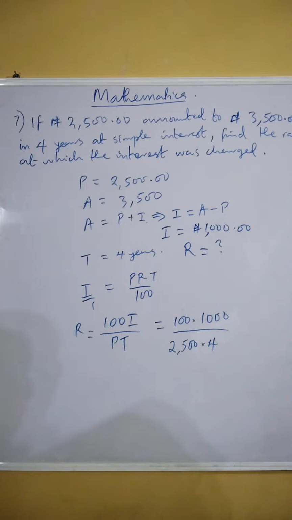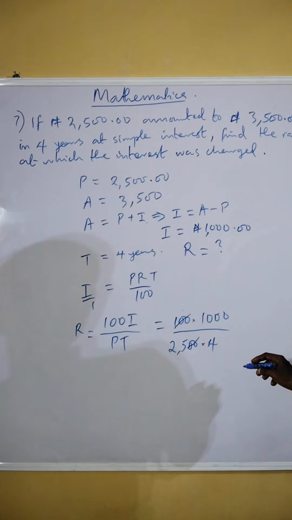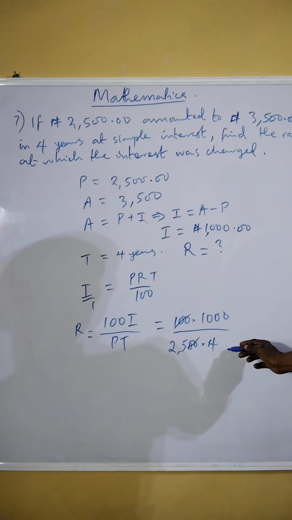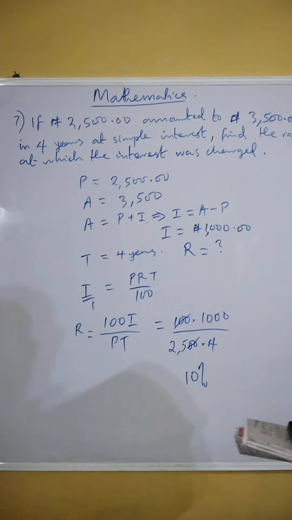Here, we can cancel the 100. So 25 times 4, that's 100. So that means here we have it as 10%. Okay. So that's all we have for question number 7.